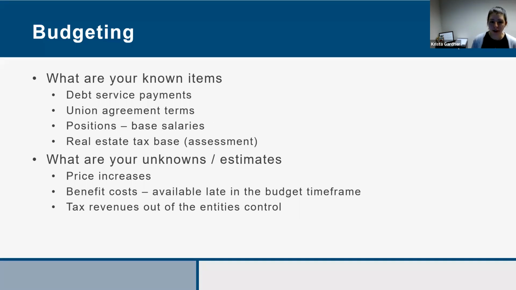And then once you get into that November or so timeframe, usually you get a better number. That can be different for each entity depending on your healthcare plan, who you go through, timing, etc. But that is one that is a little bit unknown to begin with, and you have to identify, especially when presenting the information, here's what's been used to estimate that number as of right now. And then tax revenues out of the entity's control.